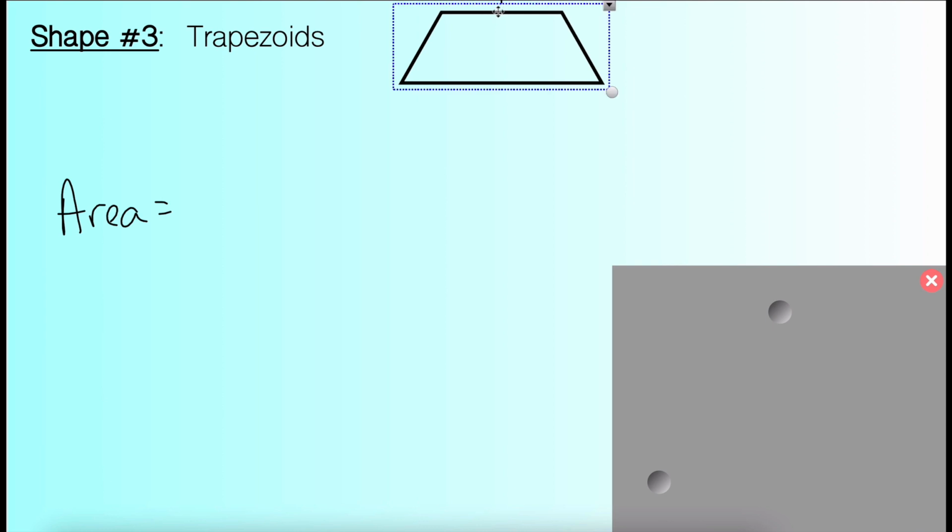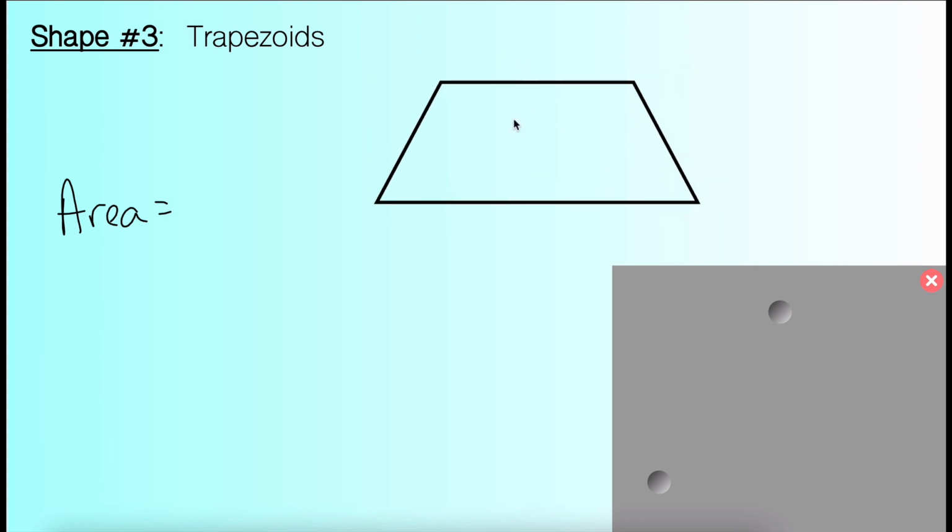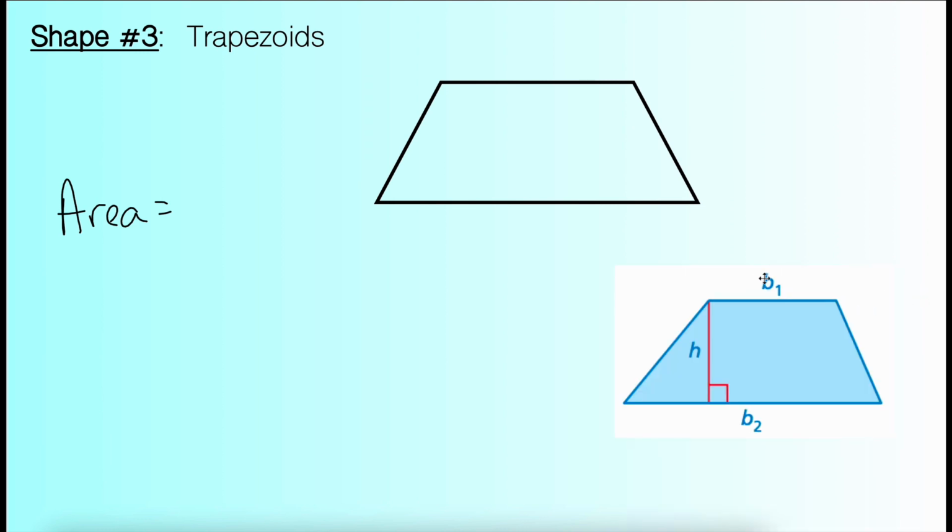In a parallelogram, same thing, a base and a height. In a rectangle or a square, length and width. In a trapezoid, you'll notice that there's two sides that are parallel to one another. The other sides are not. The things that we have in a trapezoid are right here.